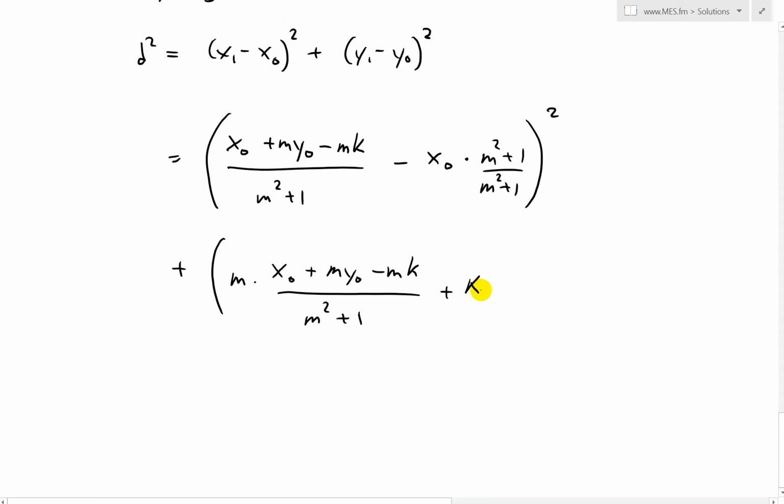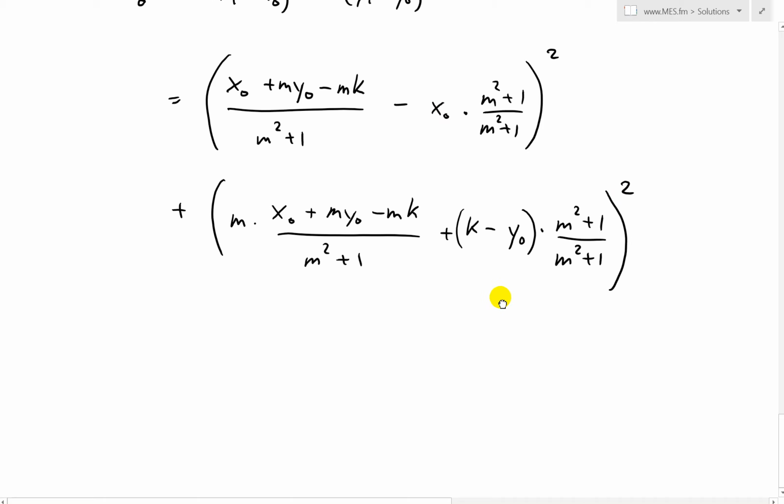So plus k minus y0. Now we want the same common denominator, so I'll do the same thing to this side. I'll put a bracket, multiply this by m squared plus 1 over m squared plus 1, so we're not changing anything, and then squaring that. Yeah, so we have something like that. I'll put this dot here so that we're multiplying both sides, not just the m squared, just to make it a bit neater.